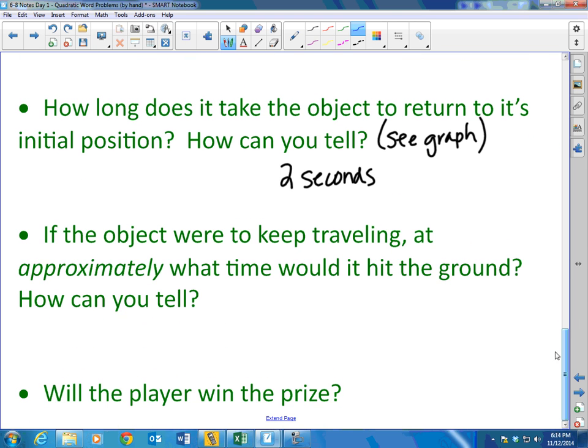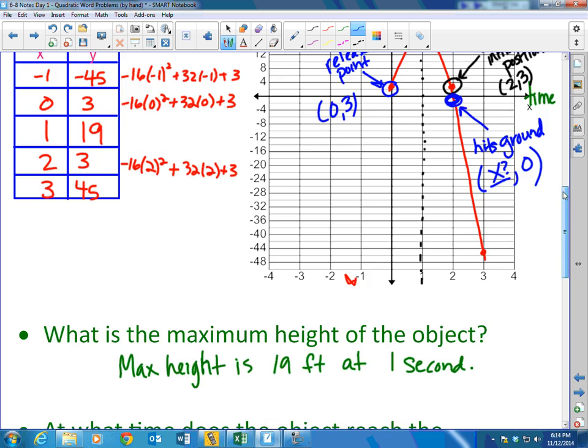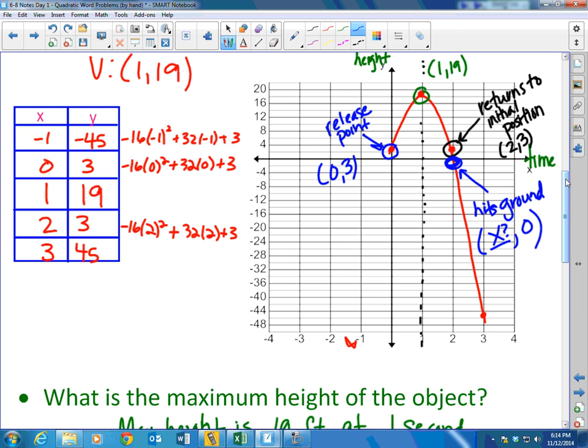So now what you need to do is think about this equation. If we wanted to get more specific, we could solve it, but we're not going to. The height is 0. What I know is that it happens somewhere past 2 seconds and before 3 seconds.